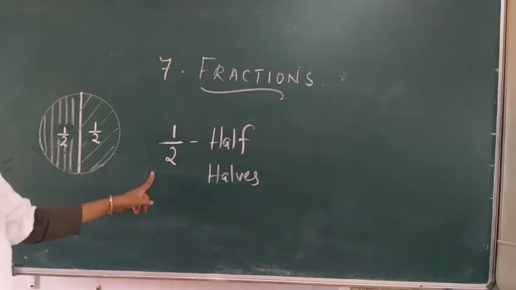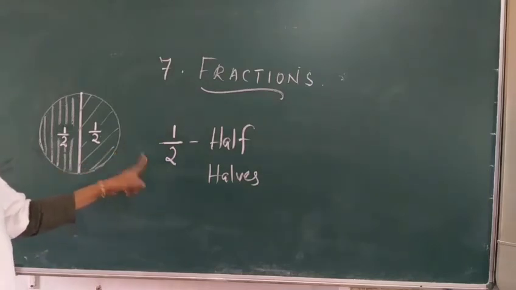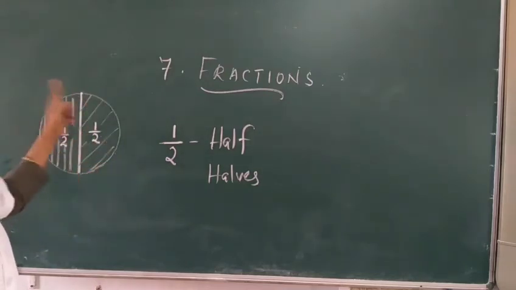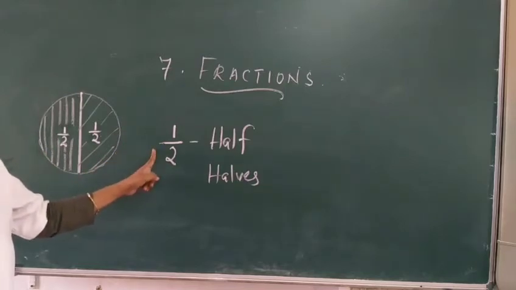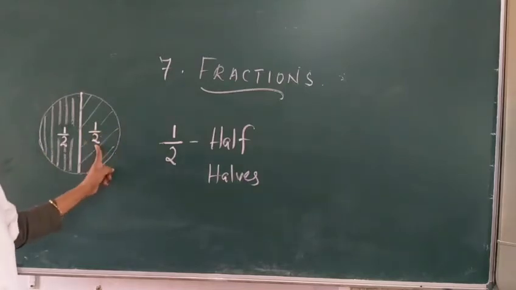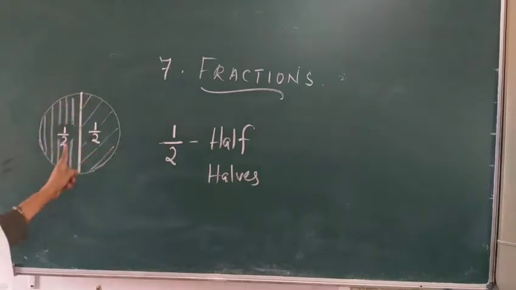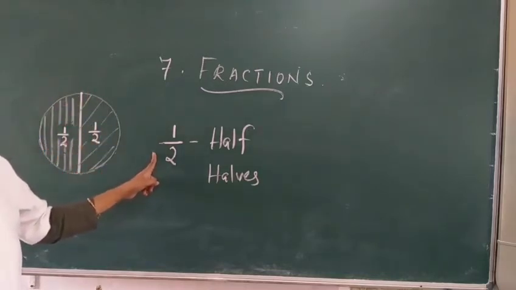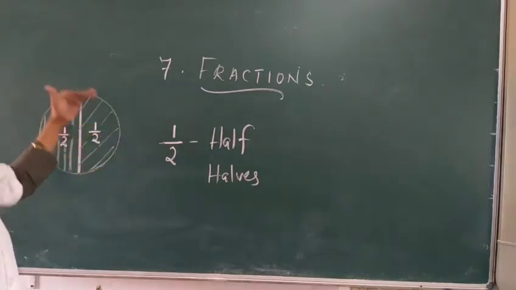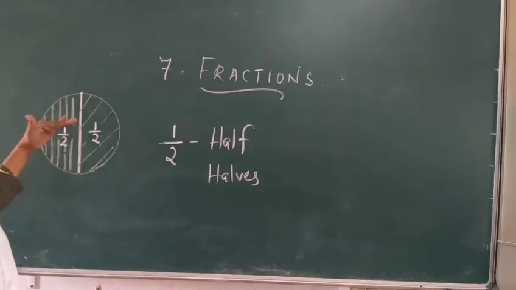This represents a fraction. So, part of a whole is called a fraction. Here we divide this whole into 2 equal parts. Then the equal parts are shaded.